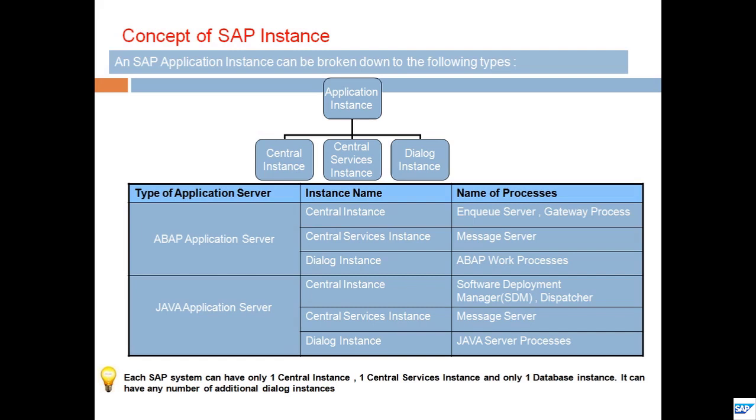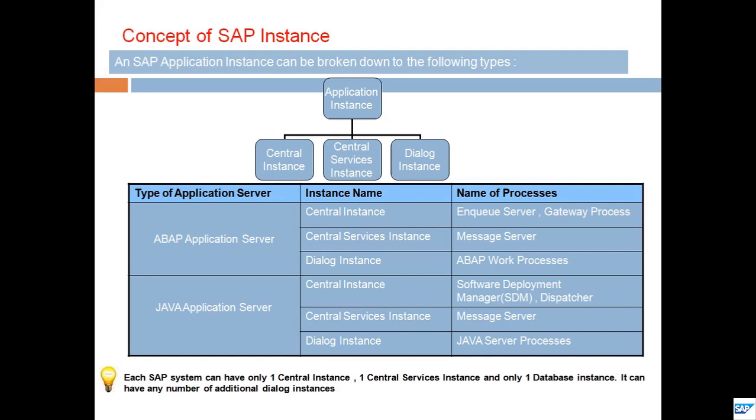So here in the Java application server, what are the processes running in the central instance of Java? Software deployment manager and dispatcher. These two are the processes running under the central instance of the Java application server. And similarly in the ABAP application server, what are the processes running under the central instance?